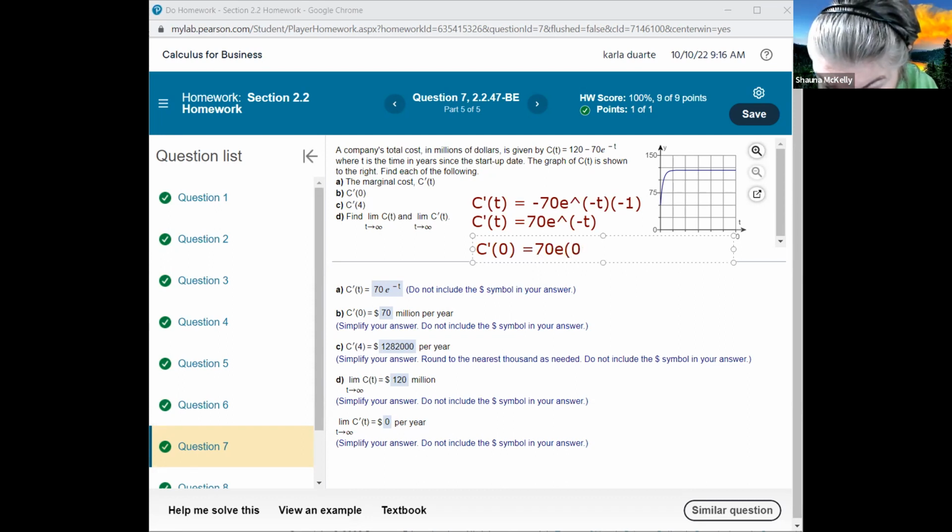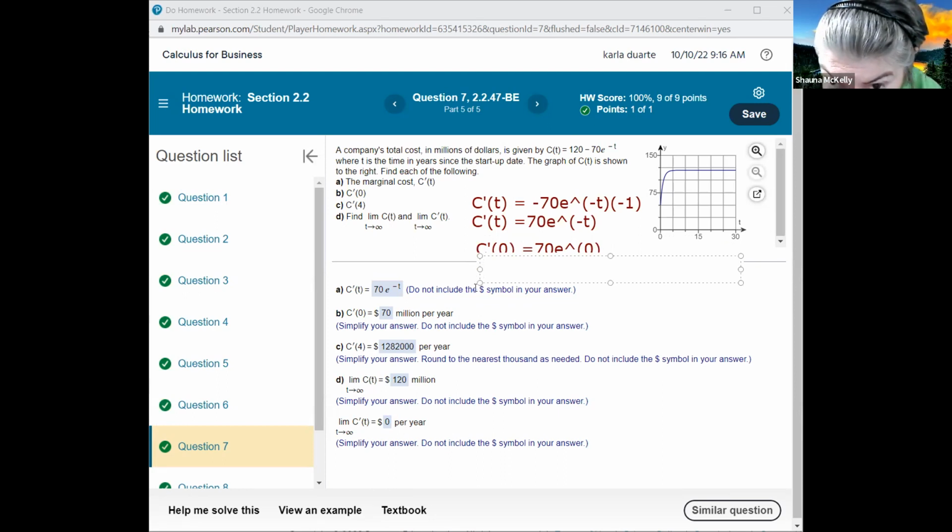And remember, e is a constant. So when I raise whatever e to the 0 would be, which it happens to be 1, but whatever that was, this is e to the 0 power. Now e to the 0, this is a number to the 0 power, and we know that that's equal to 1. So this is 70.